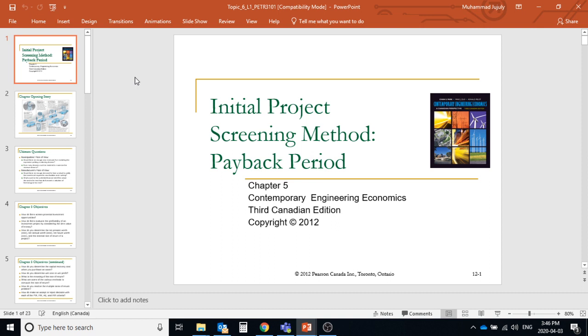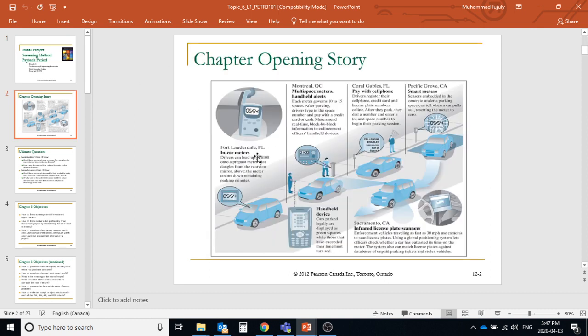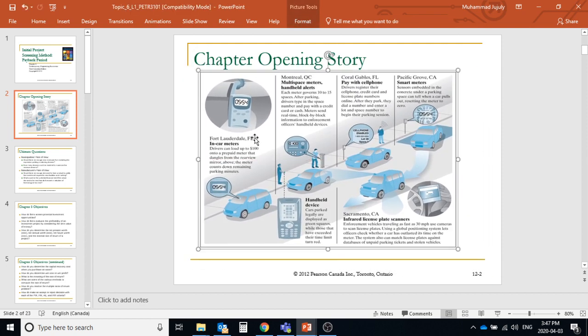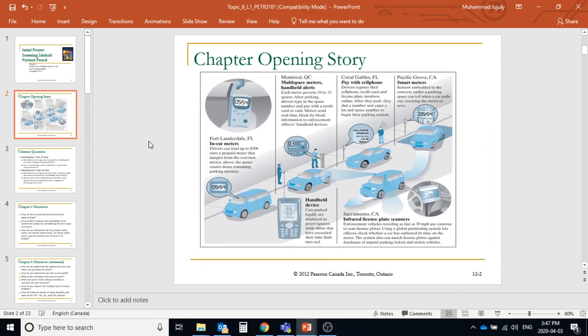Okay, so let's start with chapter 5, the initial project screening method or the payback period. We went through these slides. We already went through this short little story about car parking methods.